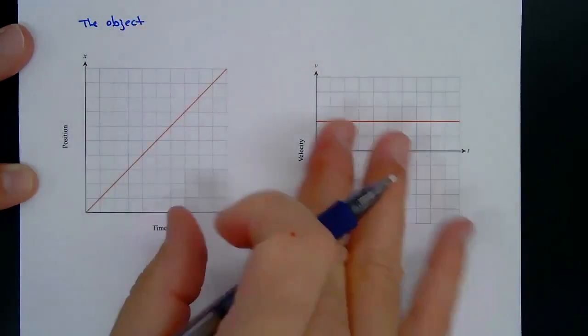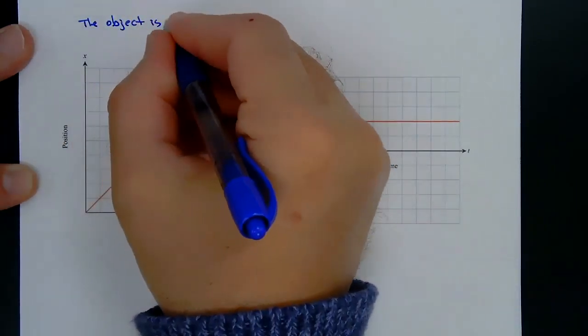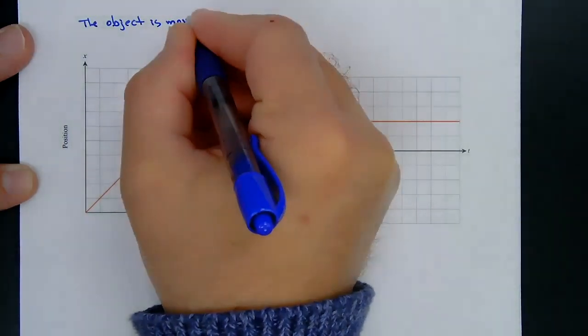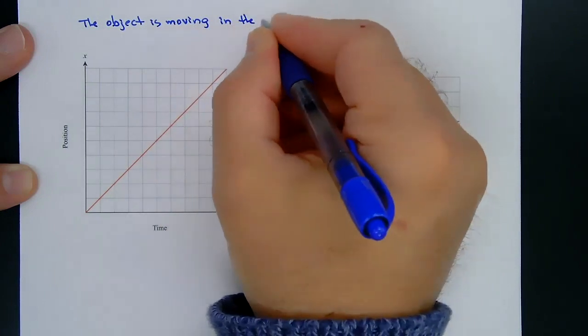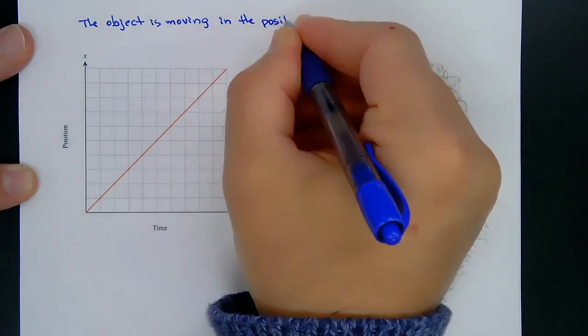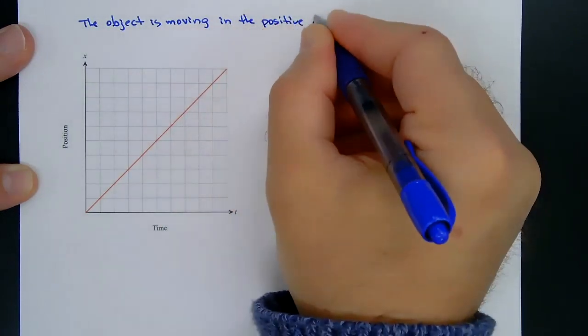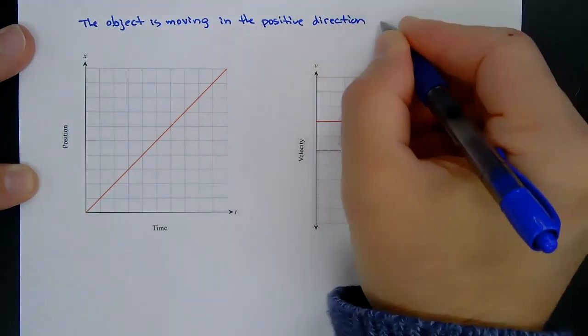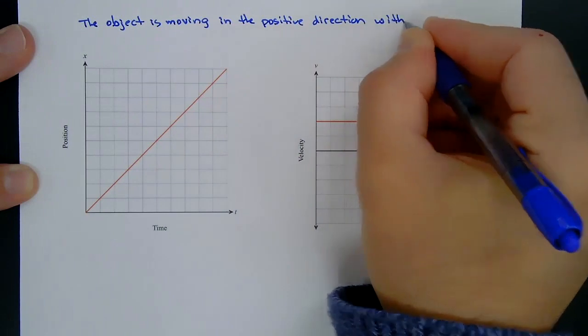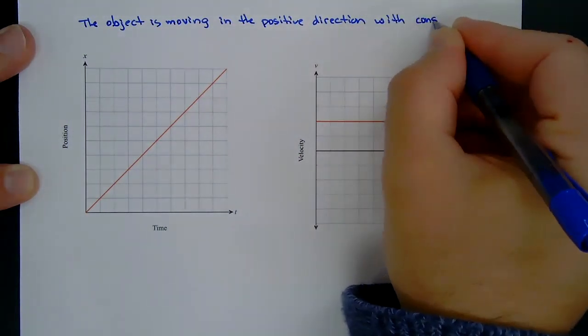So for both of these, the object is moving in the positive direction with constant velocity.